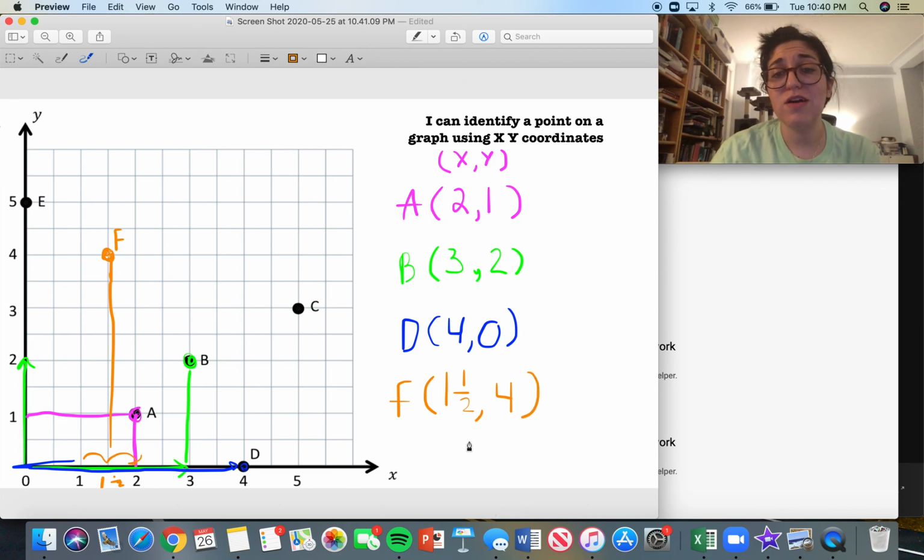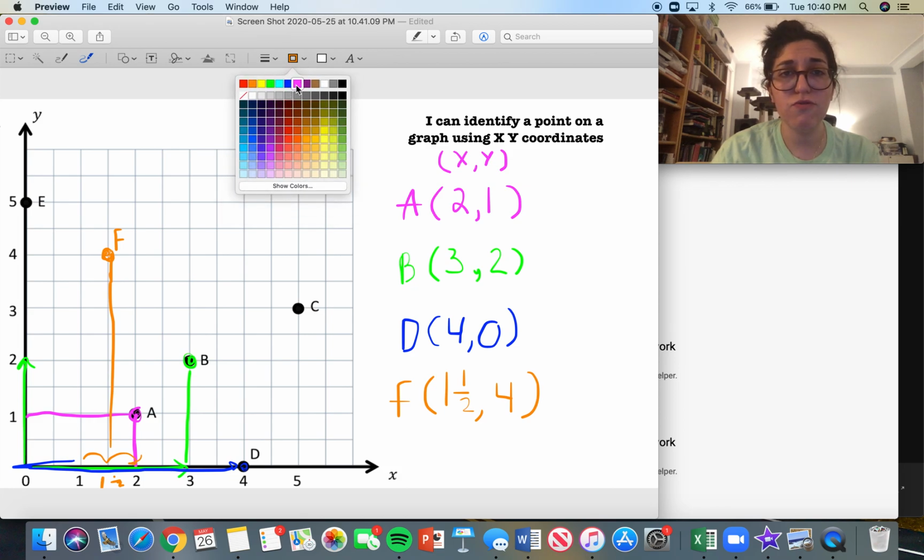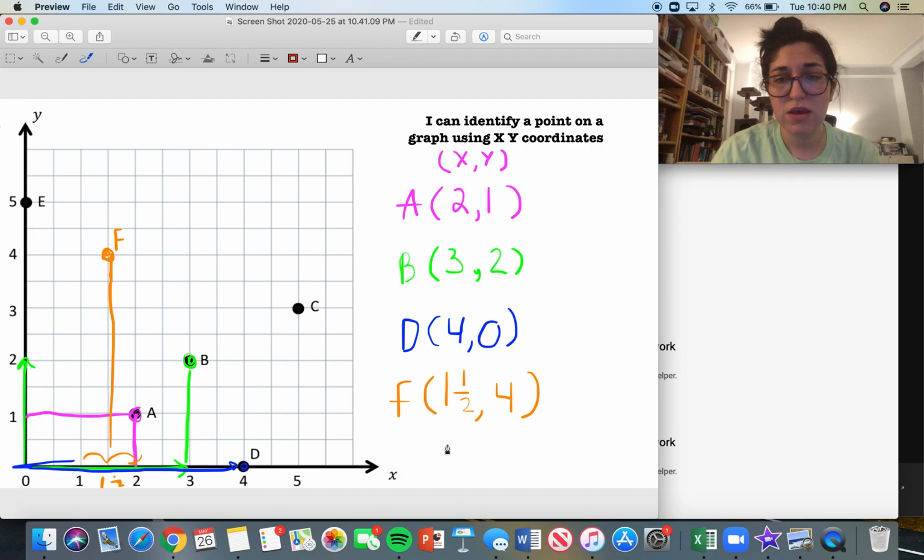Similarly, I could say, draw a point. I want you to find a point and draw a point at, what's the color we haven't used yet? This. I could say, please find me 3 and a half, comma, 2 and a half. If I said, can you find me something here, you would need to look for 3 and a half, which is going to be halfway between 3 and 4.